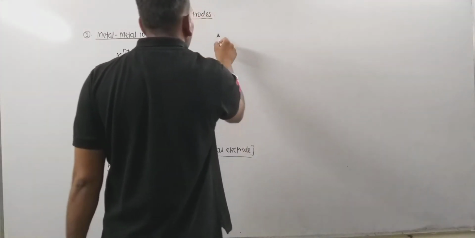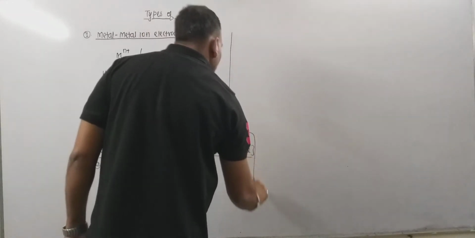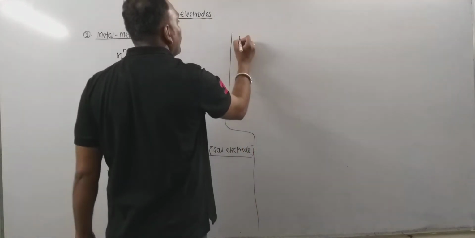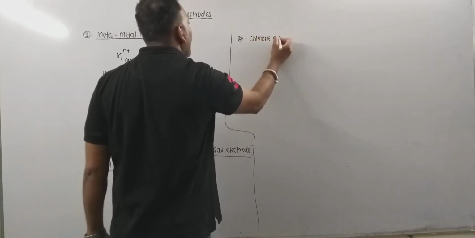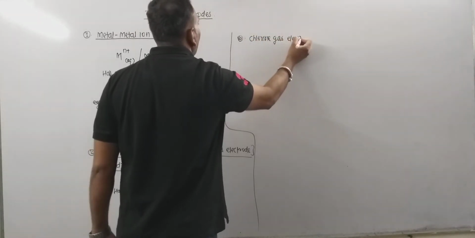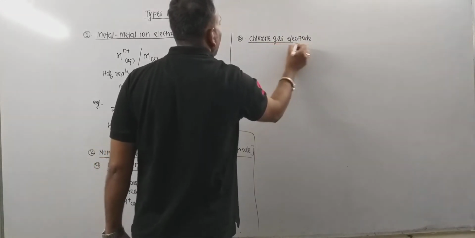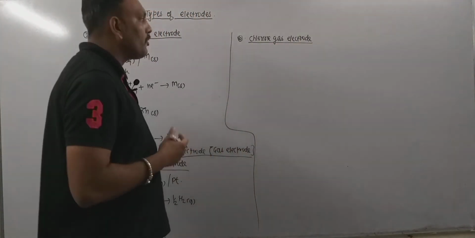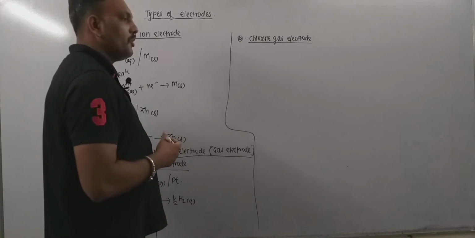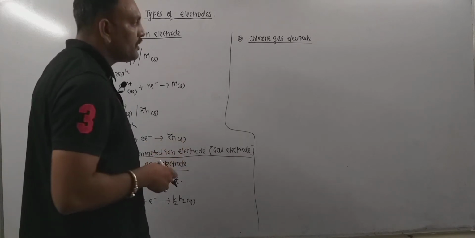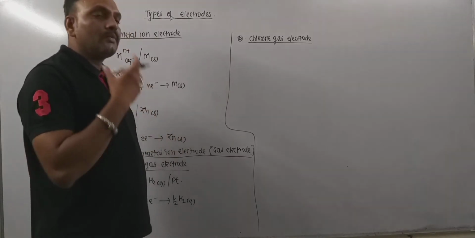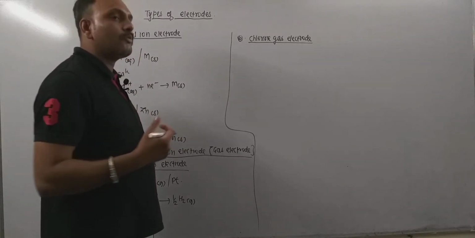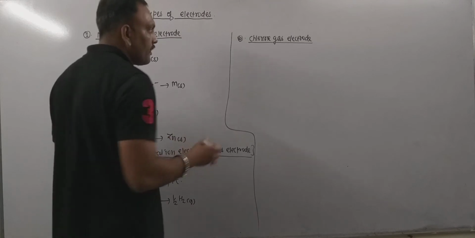Now, another example of this is the chlorine gas electrode. This electrode is assembled by bubbling chlorine gas in a solution having chloride ions, and remember platinum is used as an inert which serves to make contact, I mean to transfer electrons from here and there.